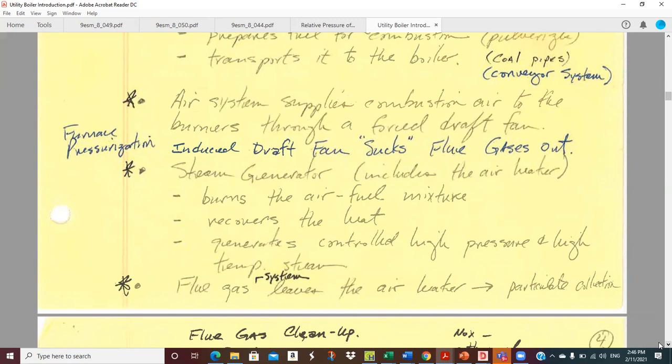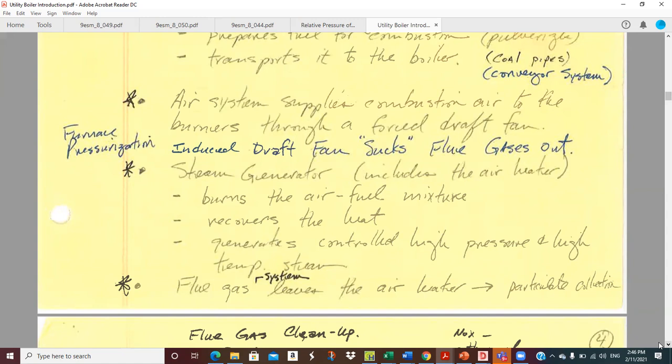Okay, so that would be for a balanced draft. If you want it to be positive, you blow in more than you suck out. If you want it to be negative, you suck out more than you blow in. Generally speaking, they want to keep a slight negative pressure in the boiler because they do have doors on the side. If you open one of those doors someplace around the fireball, you'd just as soon not have 2,500 degree gases blow out in your face.